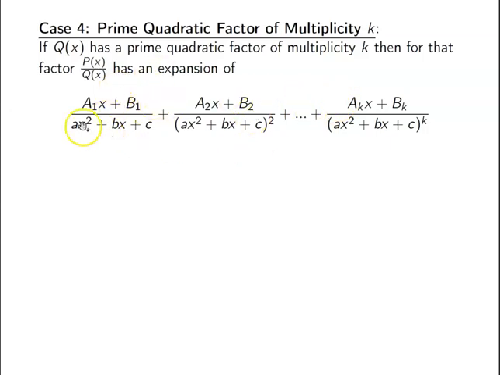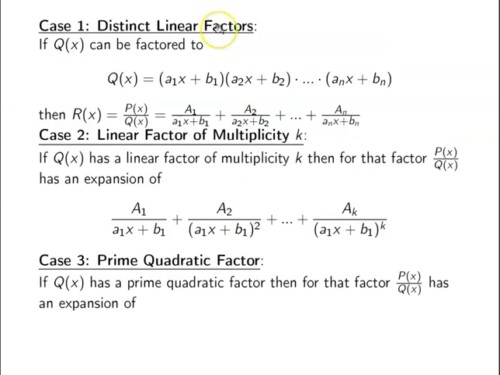Each one of these will be different, and we just repeat that factor until we get up to k times. So cases 1 and 3 kind of mirror each other, one is linear, one is for quadratics, and then case 2 and case 4 mirror each other, but they're for multiplicities of k.